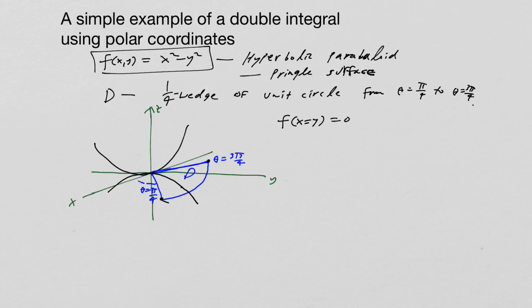So we know that the curve kind of drops down like that, and it'll come back up like that, right? So the surface is always beneath the xy plane.